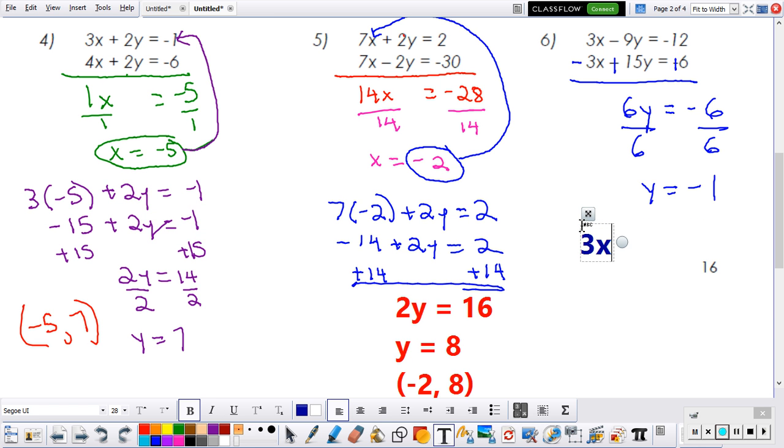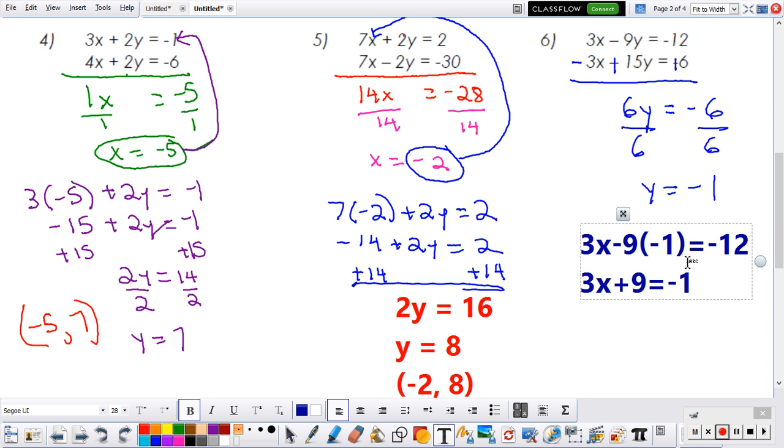I've got 3x minus 9, and now instead of the y, I'm going to put -1, equals -12. Well, that becomes 3x, -9 times -1 becomes +9, equals -12. If I subtract 9 from both sides, I'll get 3x equals -21.